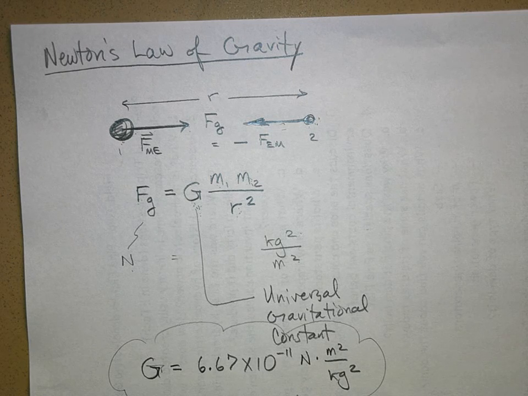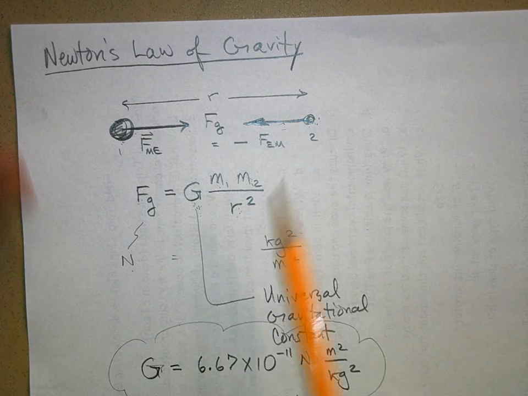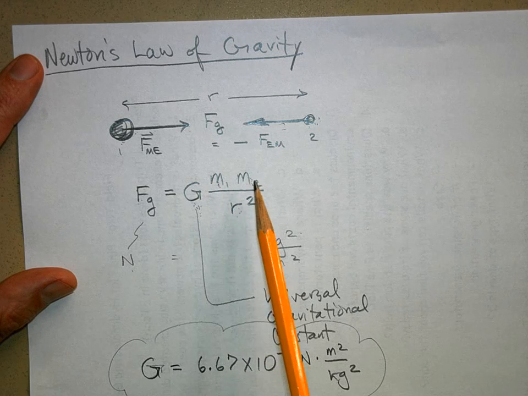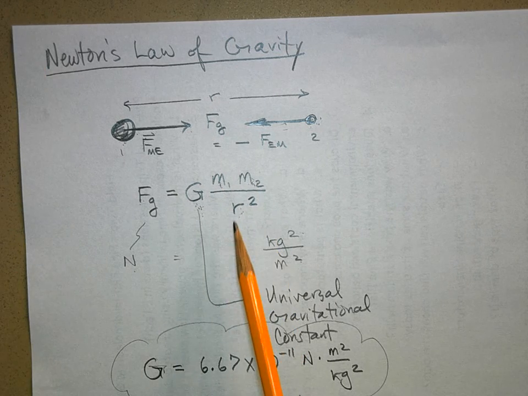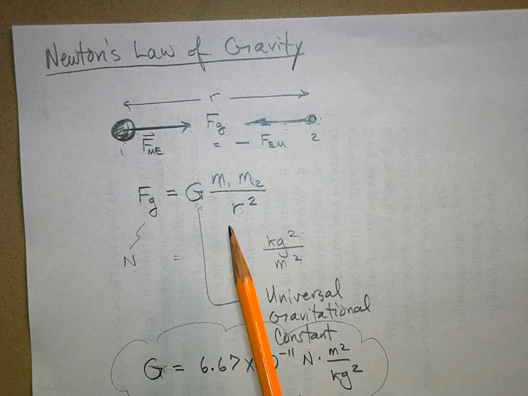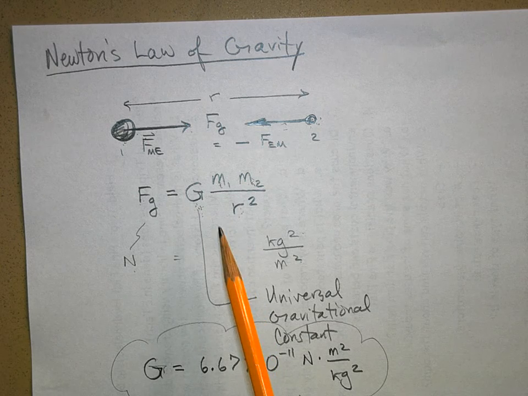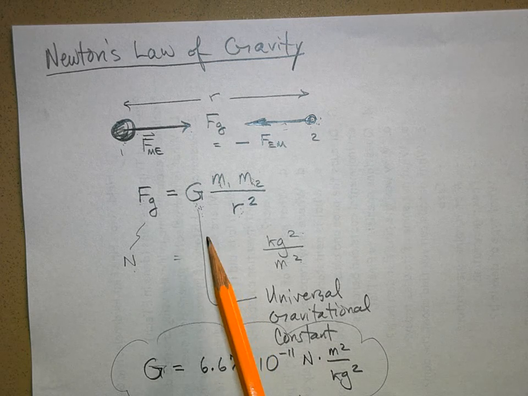But there is an object that's very close to us that has such a huge mass that its gravitational effect is very noticeable. Look below your feet. It's planet Earth. Planet Earth has a huge mass. Its mass is so big that when you put your mass here in kilograms and the mass of the Earth here, and R would be the distance from the center of you, which is about 2 inches below your belly button in your guts, all the way to the center of the core of the Earth.